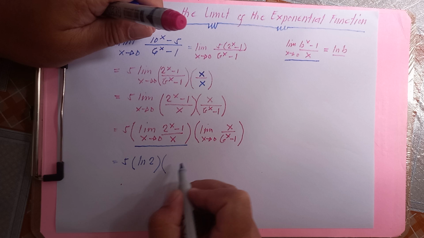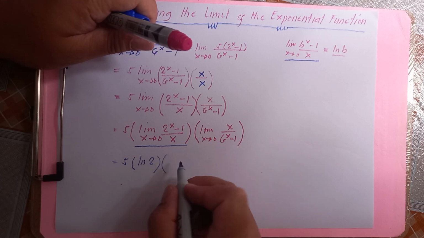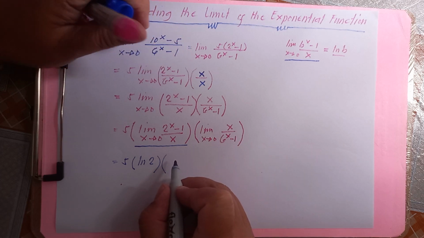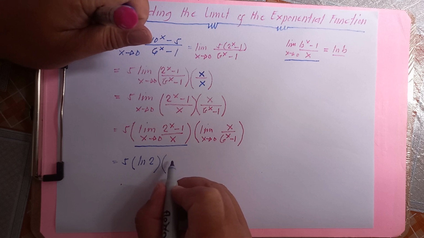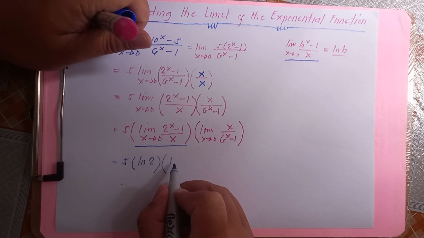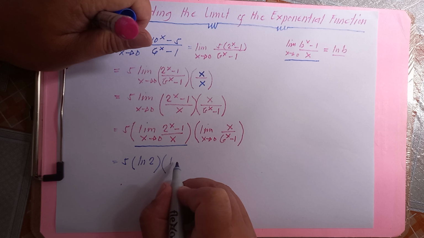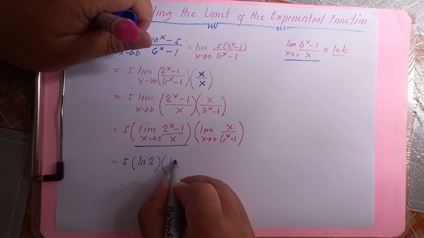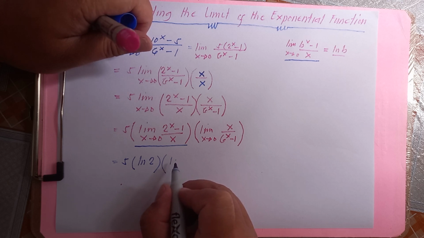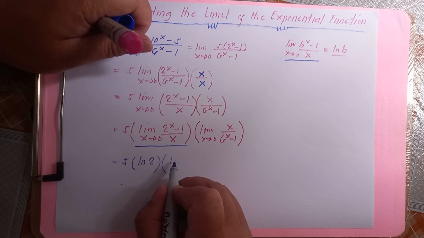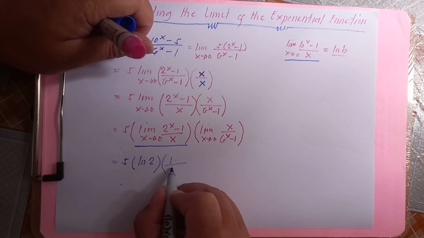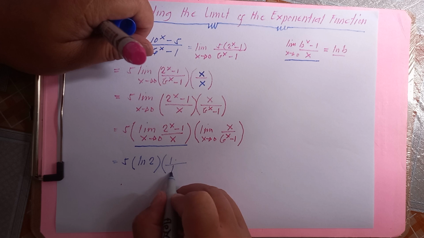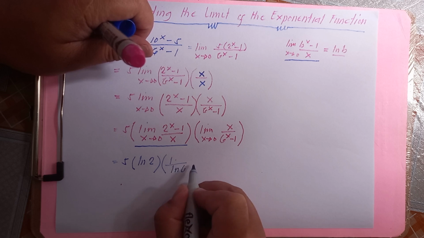Now multiplied by, what about this one? That is the same as the limit of the natural number 2 over the natural number 6.